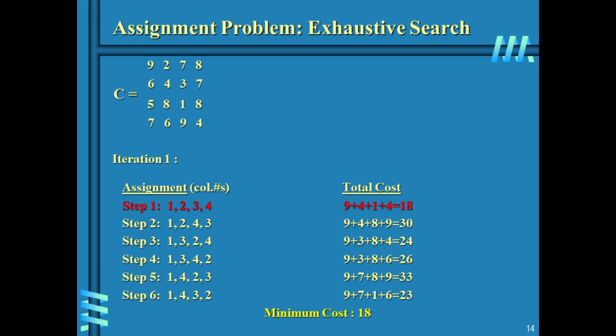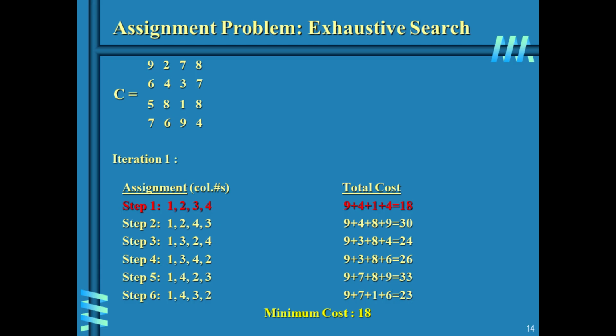Coming to step number 3 of iteration 1, assigning job 1 to person 1, job 3 to person 2, job 2 to person 3, job 4 to person 4, whose total cost is 24. Coming to step number 4, assigning job 1 to person 1, job 3 to person 2, job 4 to person 3, job 2 to person 4, whose total cost is 26.